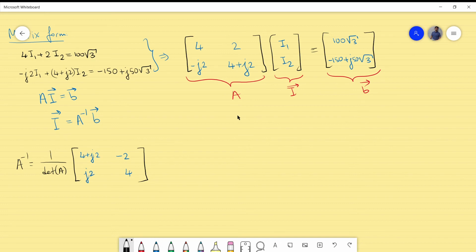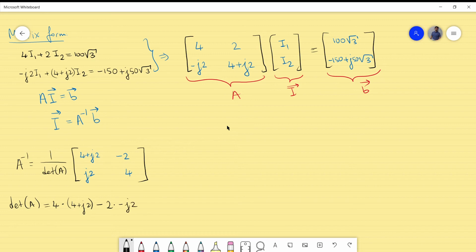The determinant of A will be 4 times 4 plus j2 minus 2 times minus j2.